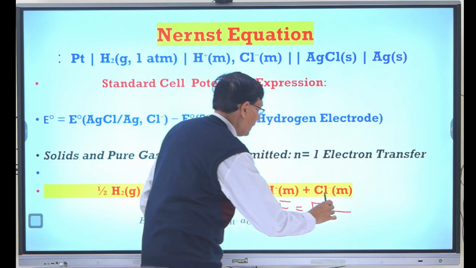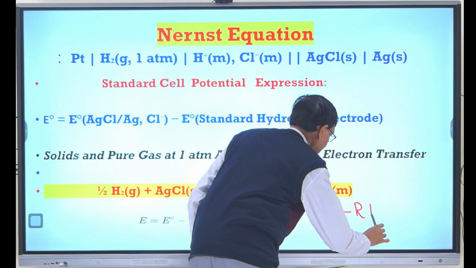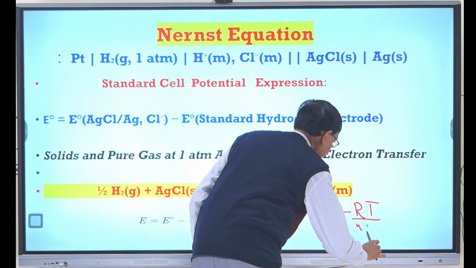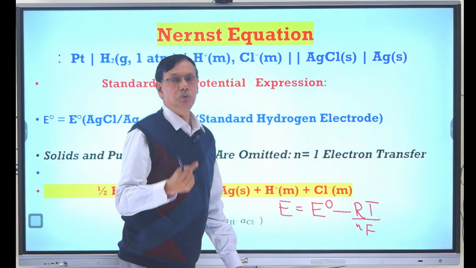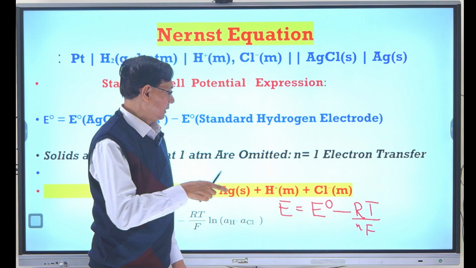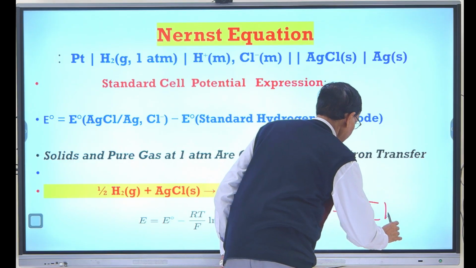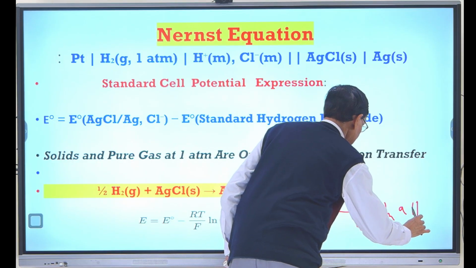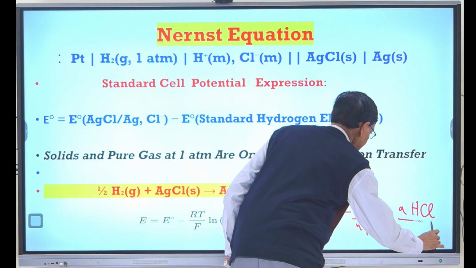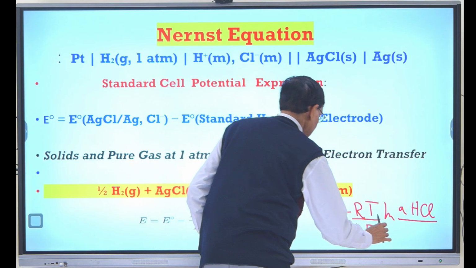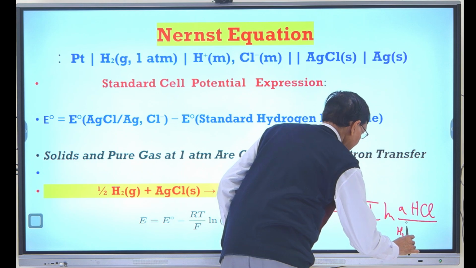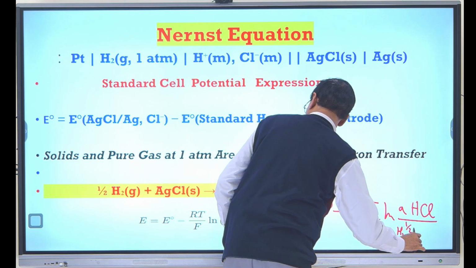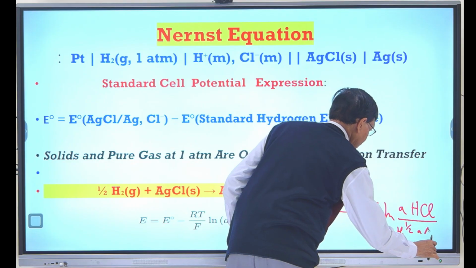E0 minus RT; R you all know, the universal gas constant. n is the number of electrons exchanged. Here it is 1. So I must write the natural log of the activity of HCl, of course molality, divided by H2 to the half and then the activity of silver chloride.